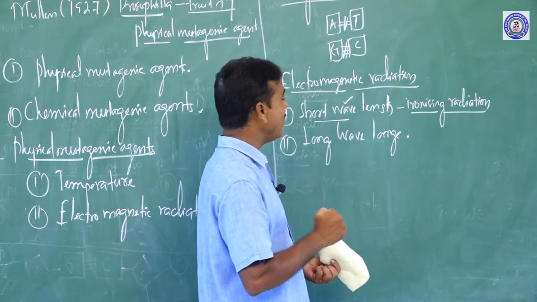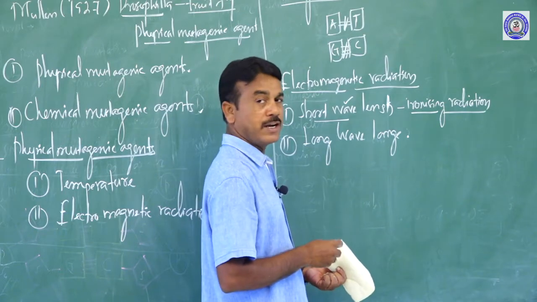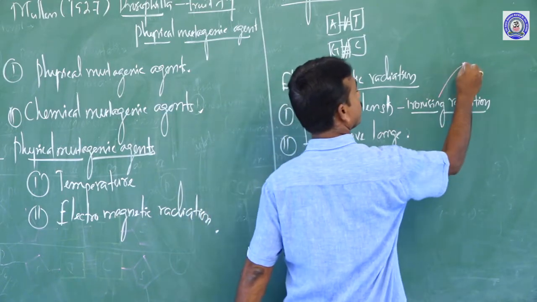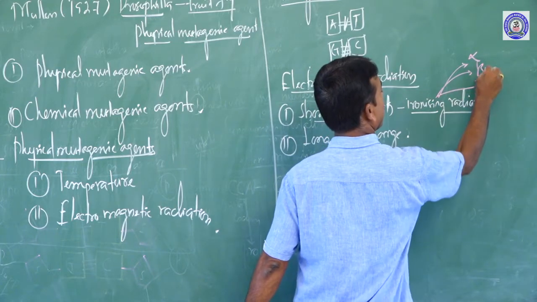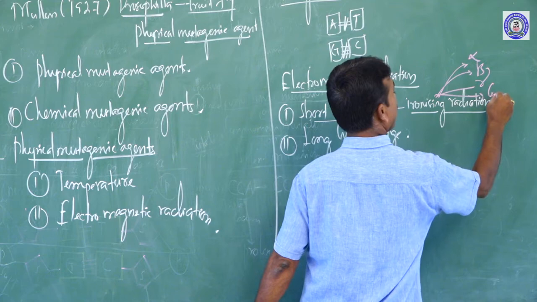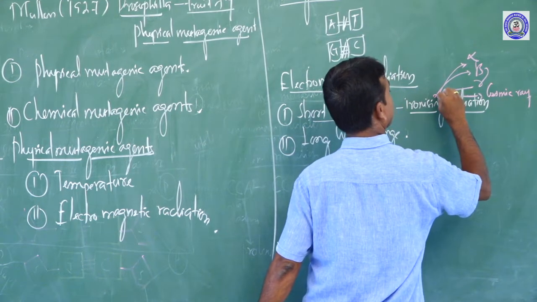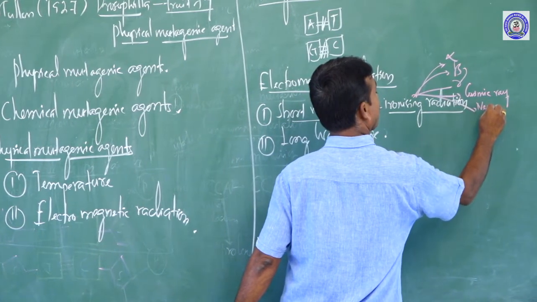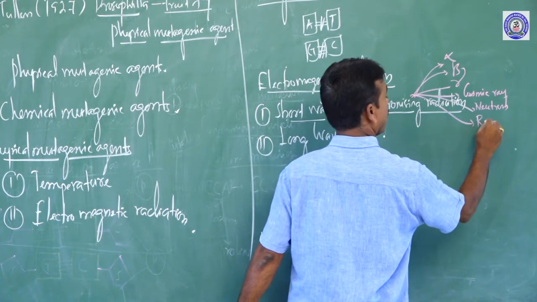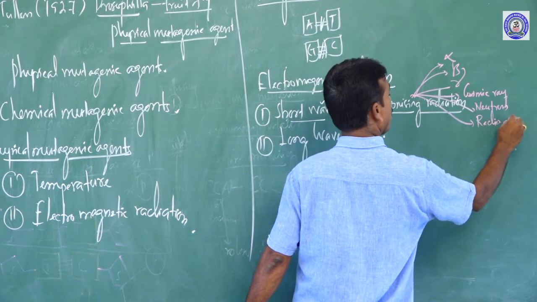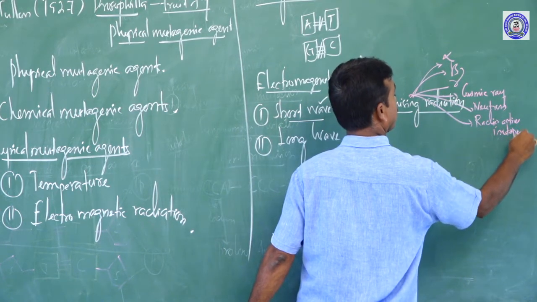Examples of short wavelength electromagnetic radiation are alpha, beta, gamma, cosmic rays, neutrons, then radioactive isotopes.